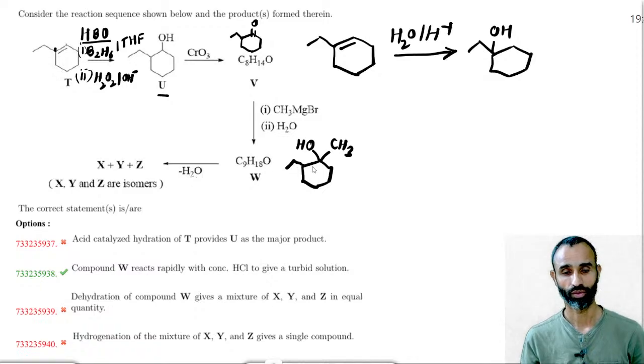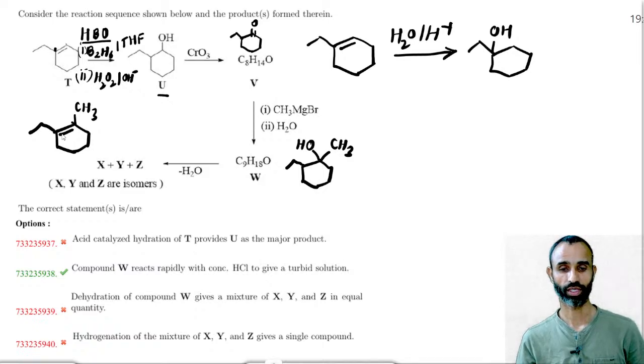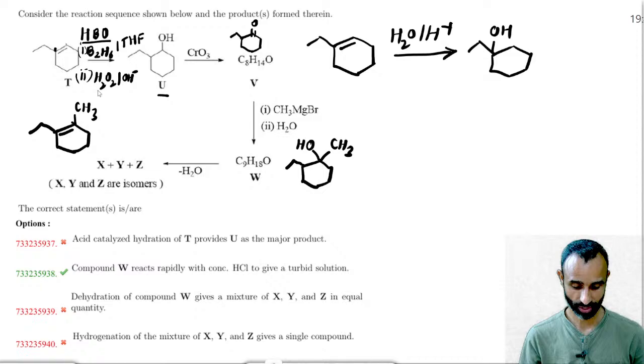Now remove H2O. Where will we take the hydrogen from? So obviously this product is formed because beta elimination takes place. So obviously this part is for the more stable alkene.